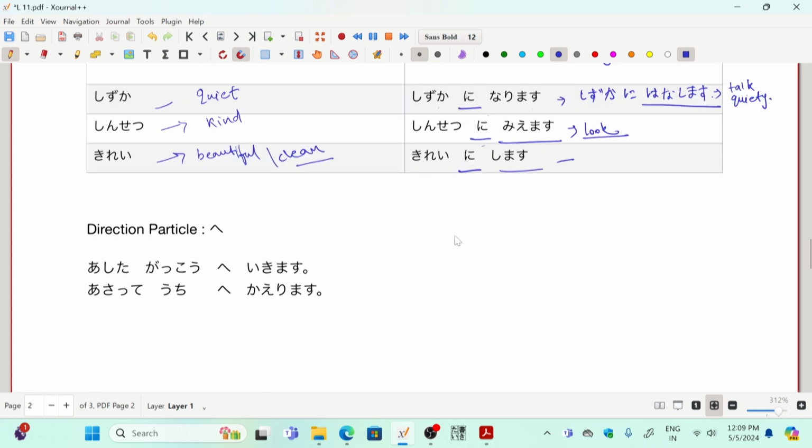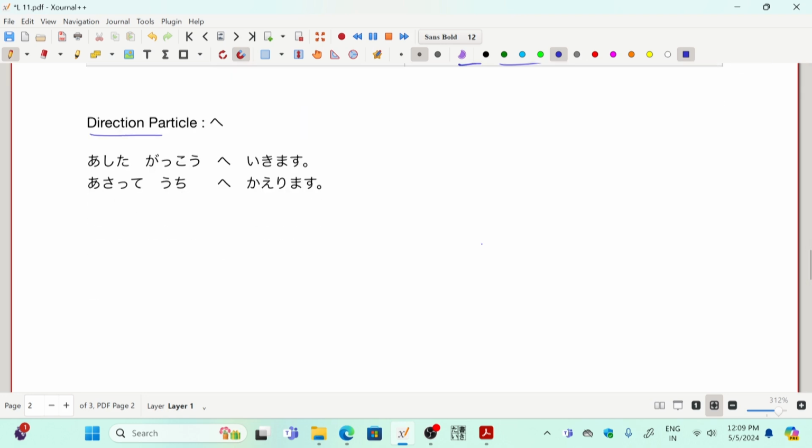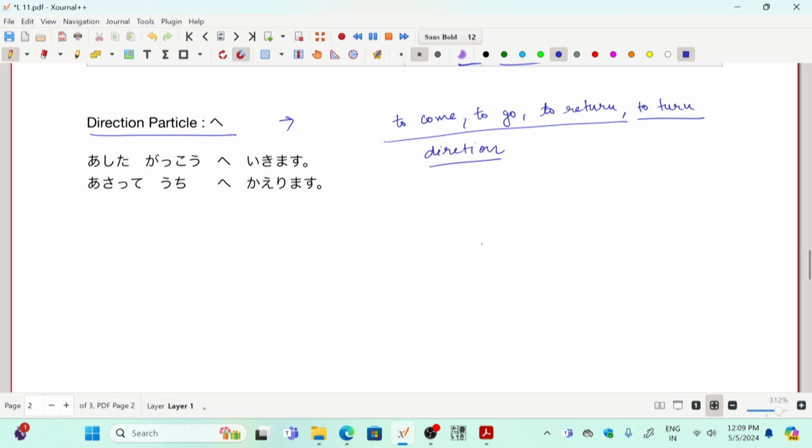Next is the pattern e, particle e, which is a direction particle. So wherever we go, come, or return, to turn, all those which have something to do with direction will take particle e.